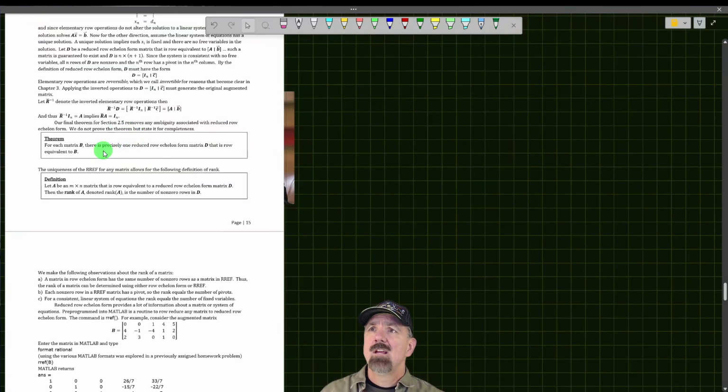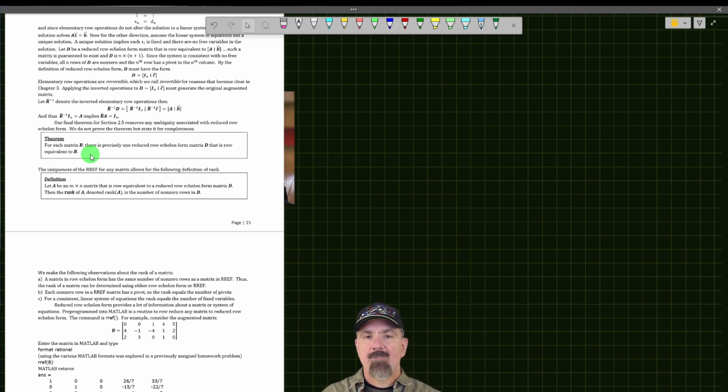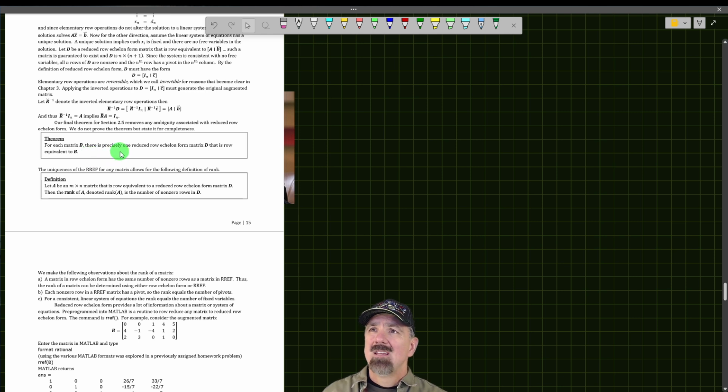Okay, right here is one of the most important theorems in linear algebra. The reason it's important is because it tells us that RREF applies uniquely to every single matrix that we can come up with. Given a matrix B, there's precisely one RREF. So we can always find it, and it gives us a lot of information.